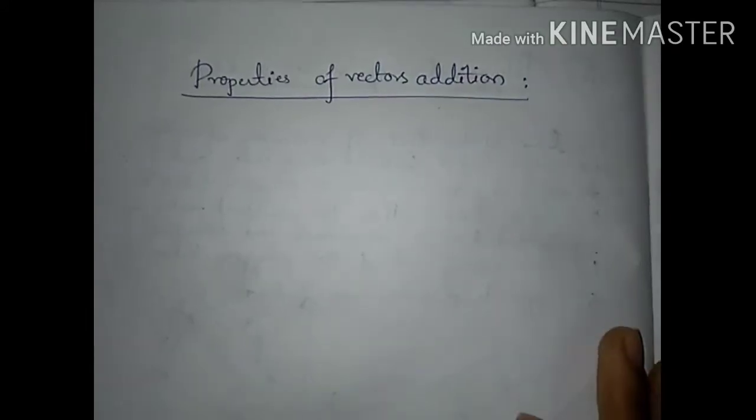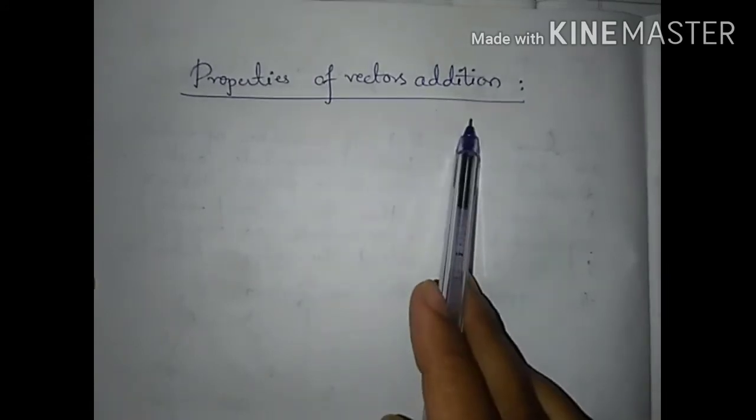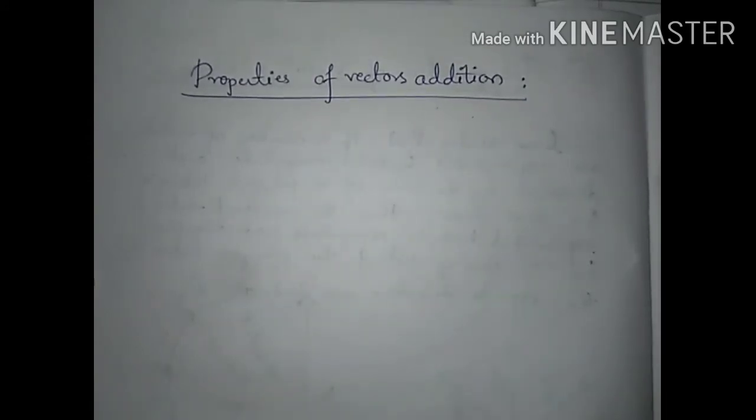So the next concept is properties of vectors addition. You have seen the properties like commutative property, associative property and distributive property in your earlier classes in your high school section. Now we are using these properties to explain the properties of vectors addition.